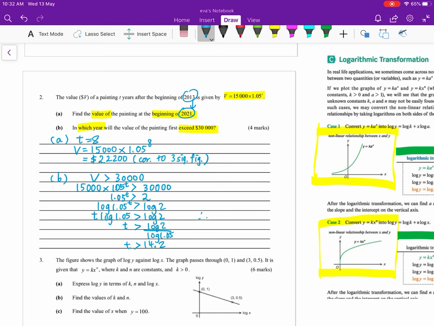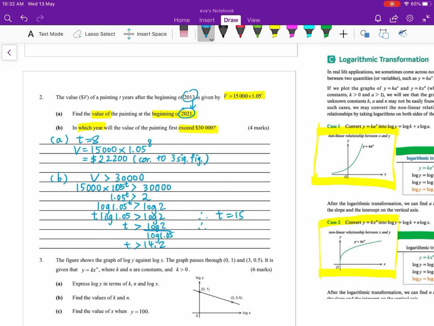Therefore 14.2 years. If this is just 14 years later, 2027, that can't be the price exceeding 30,000. So we have another year extra. So T needs to be 15.